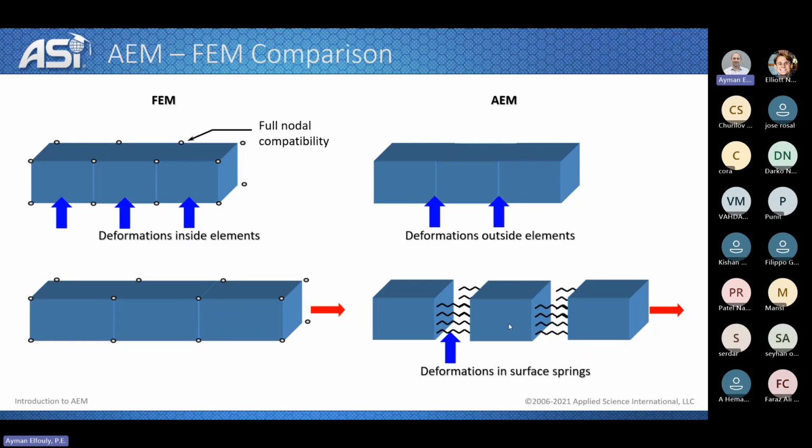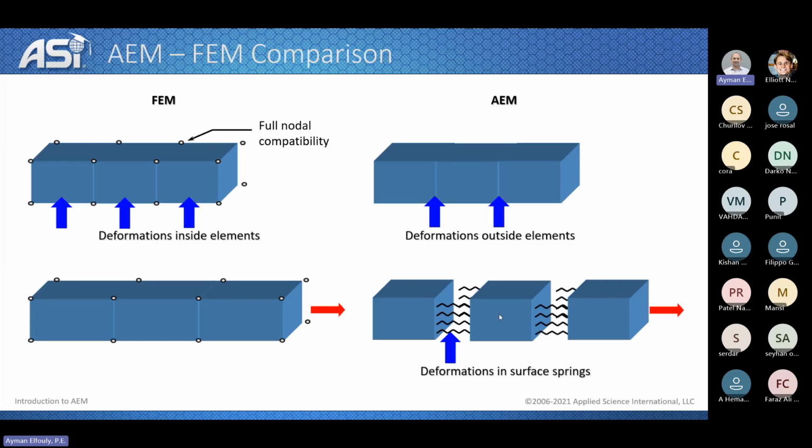In the applied element method, all the deformations are happening at the interfaces between the elements. So the element itself is rigid, and no deformations are happening inside the elements. All the deformations are happening at the interfaces between the elements where the springs are located. And the springs here represent, as we said, the material property of the element.